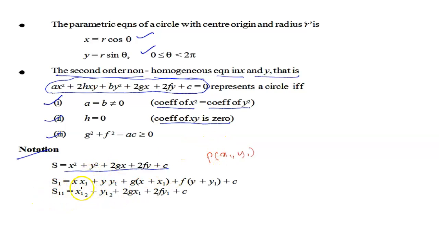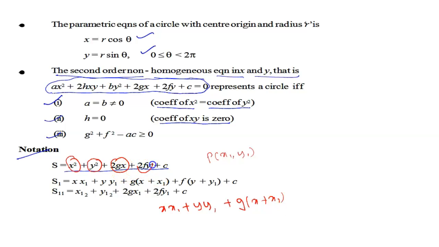So for this point P, if you take S1, this is reduced to x square replaced as xx1 and y square replaced as yy1. And one more thing, 2gx we are splitting as g of x plus x1.